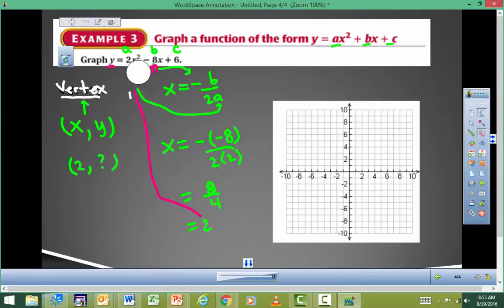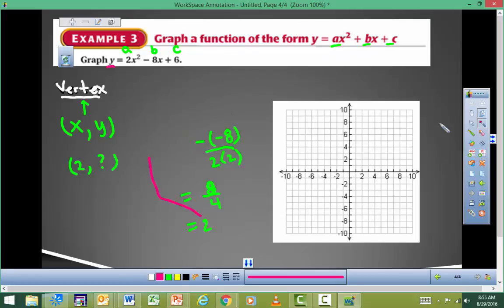Now this takes a little while in practice, but you'll get a lot faster as you get better at this. So in this case we get y is equal to 2 times 2 squared minus 8 times 2 plus 6.